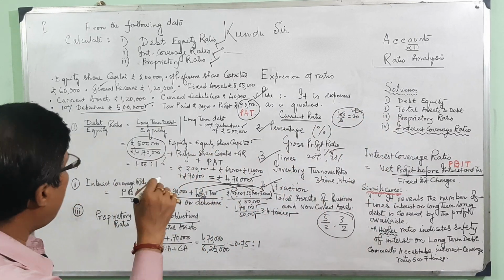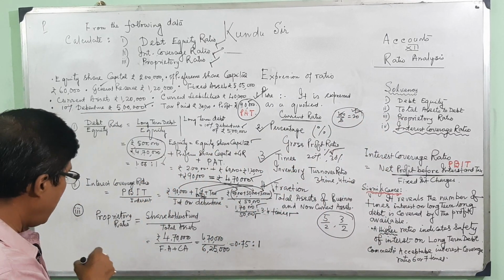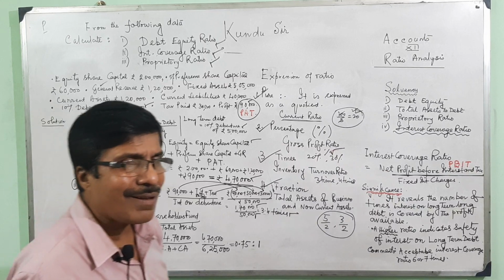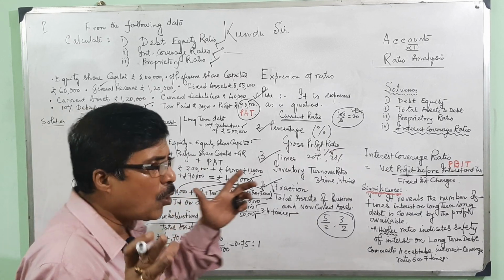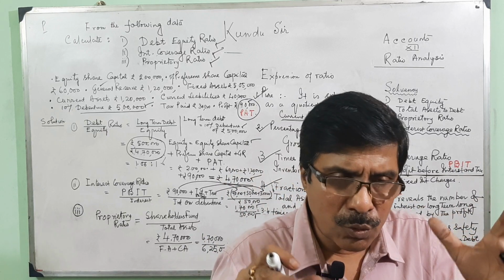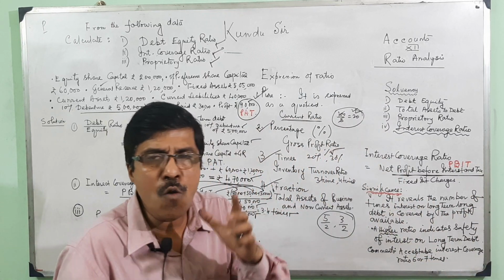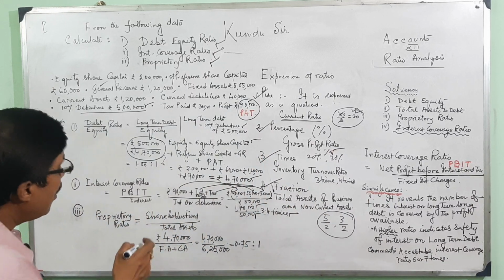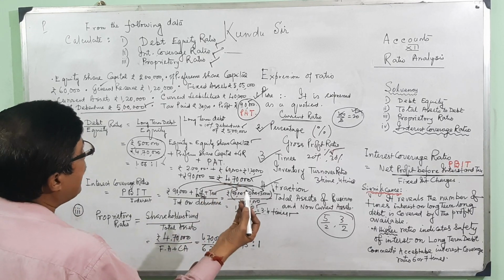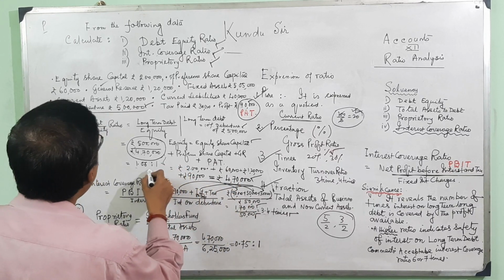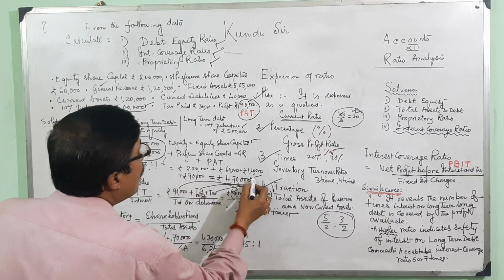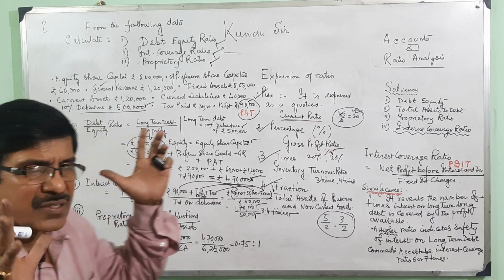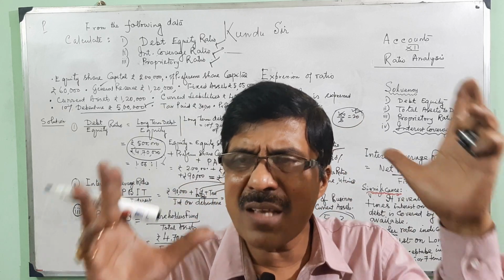Now, in the last class, we did the proprietary ratio. Again, through this sum, we are calculating the proprietary ratio, which equals shareholder fund by total asset. That means how much the shareholders hold out of the assets. Shareholder fund, that is equity, is 4,70,000, already calculated. The total asset equals fixed asset plus current asset.